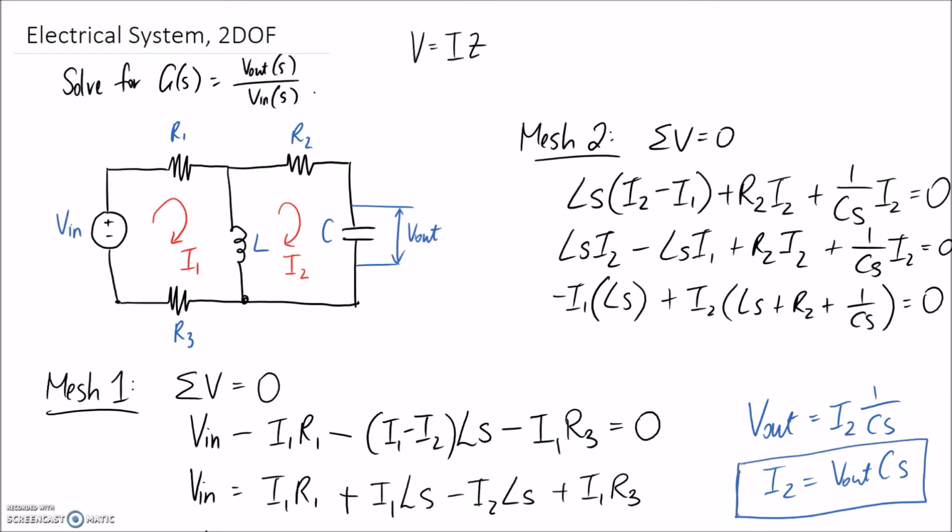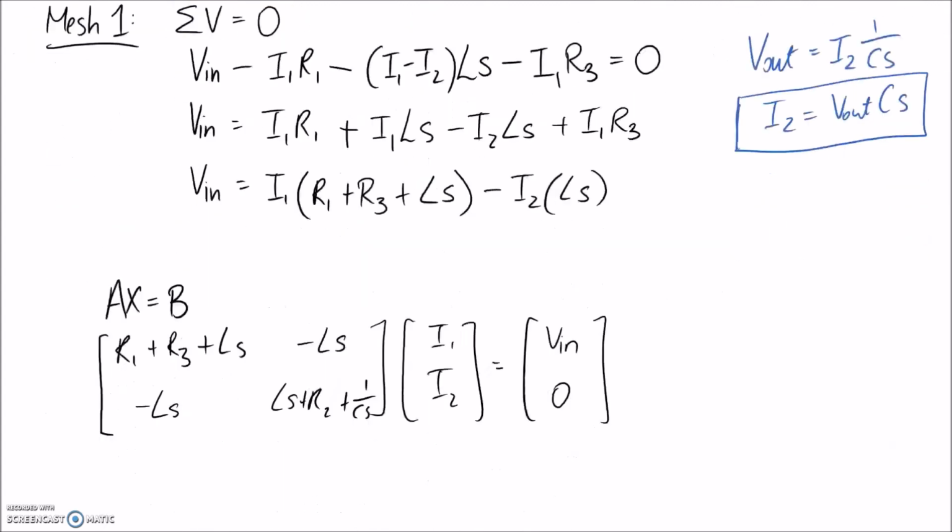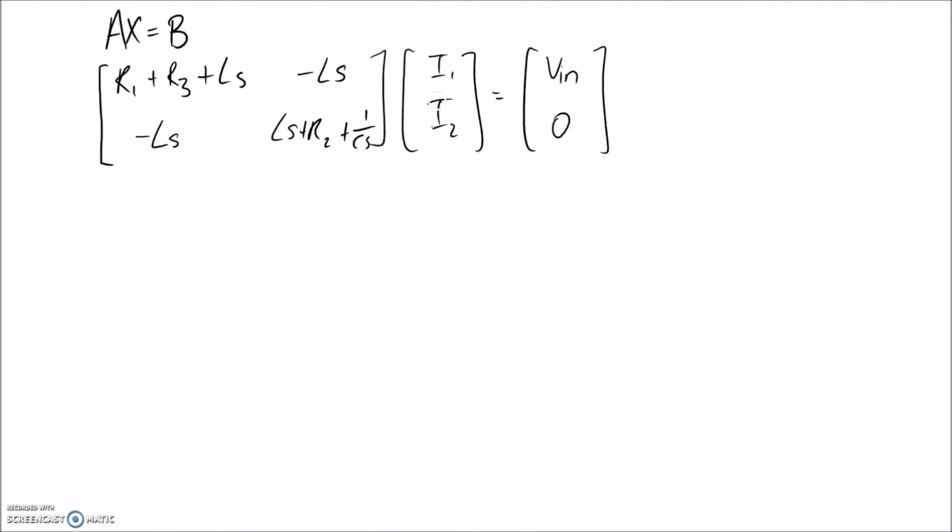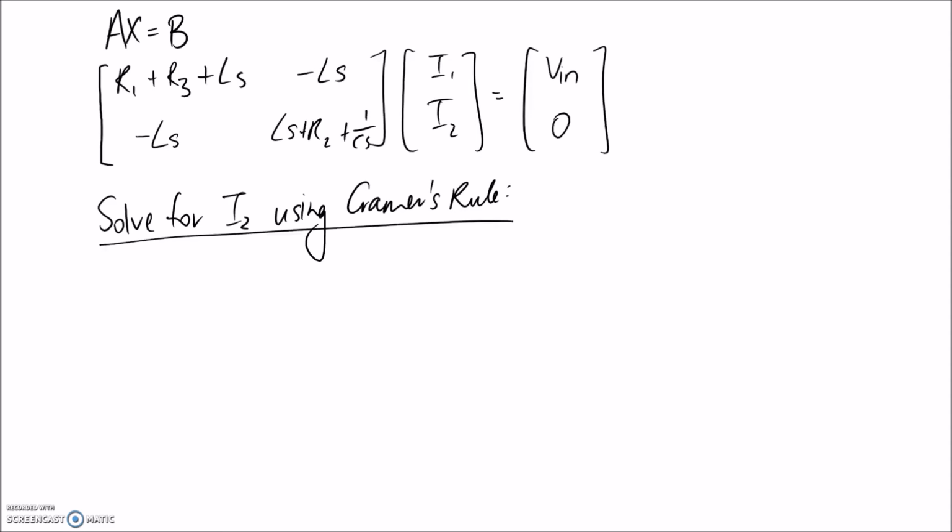We're going to be able to use this in a moment to go ahead and solve for the transfer function. Because V out is directly related to I2, if I jump back down here, what I want to solve for is I2 using Cramer's rule. You can also do it with substitution, but I prefer this method.